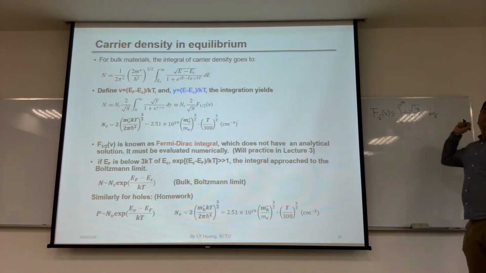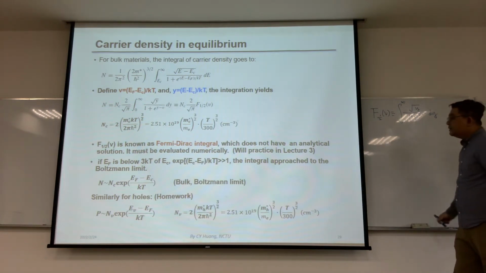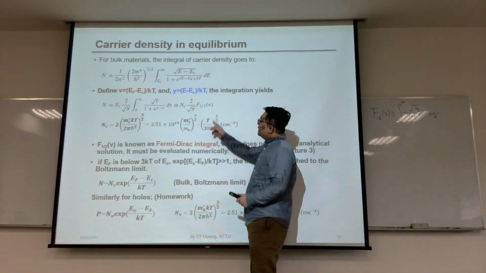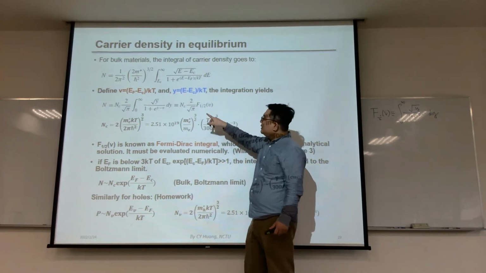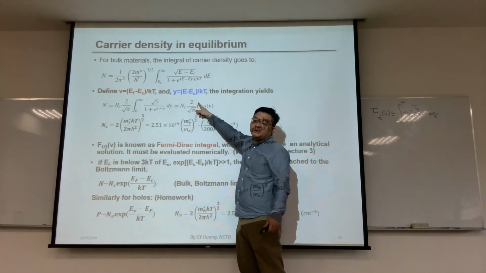It cannot be solved analytically, but we can make some numerical approximation. And the reason why we do that is why we pull out 2 over square root pi here.